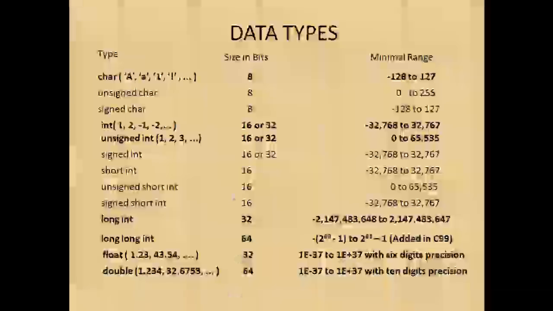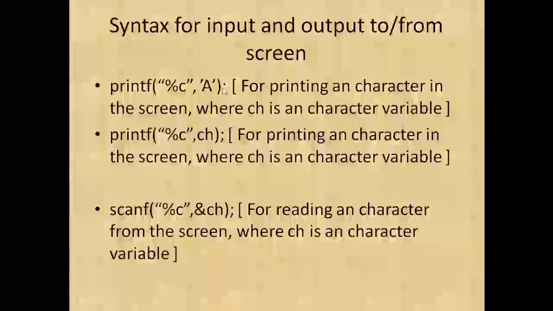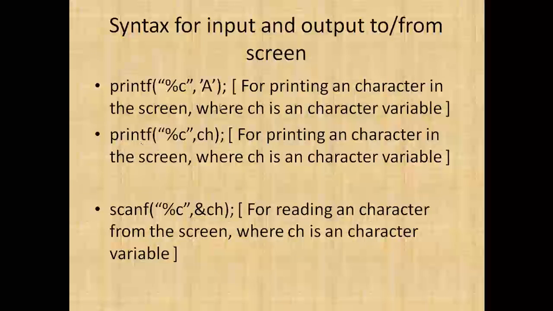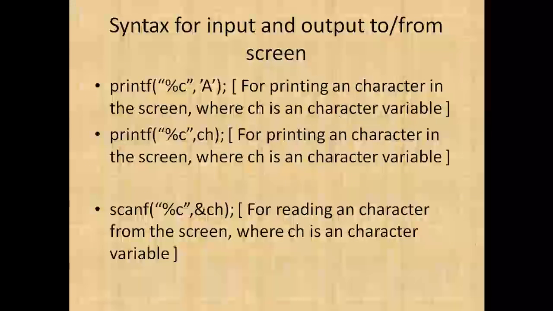Now coming to input and output of different variables. As we know, I have already discussed the printf and scanf statements. Basically, by the printf statement we can print any variable or constant on the console screen. Like this is the syntax for printing a character on the screen, where ch is the character.